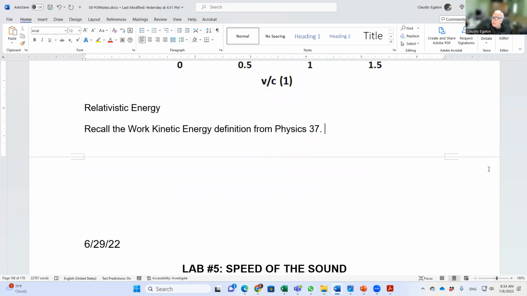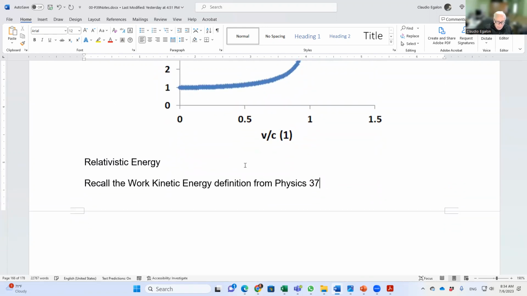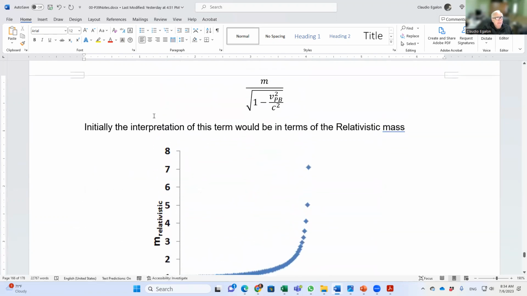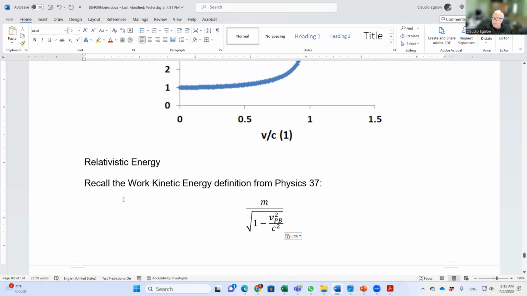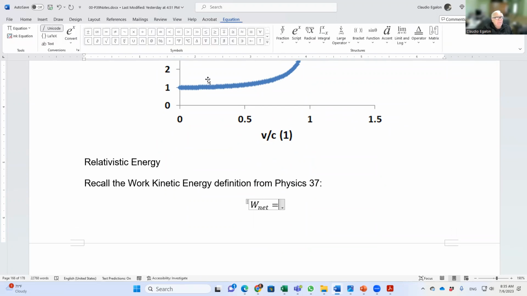What is the work kinetic energy theorem? If you didn't memorize the work kinetic energy theorem, this is the time to memorize. It's a very important theorem. Okay, the work kinetic energy theorem relates the work done by a net force, right? Which is nothing but the integral of the net force. I'm not going to use the vectorial formulation.